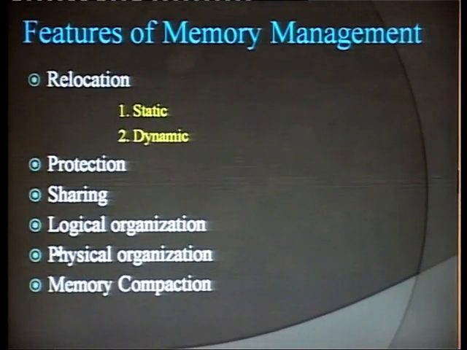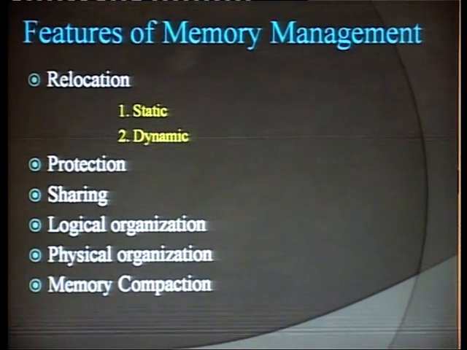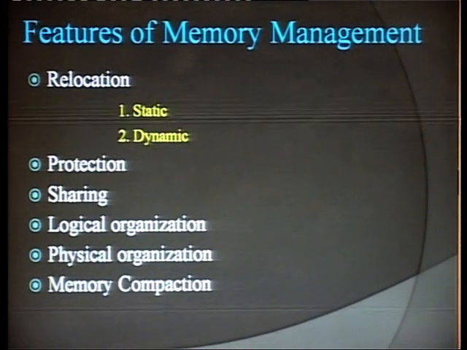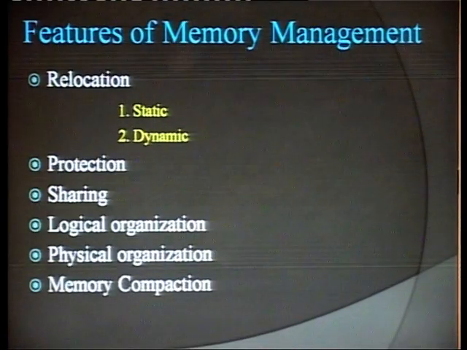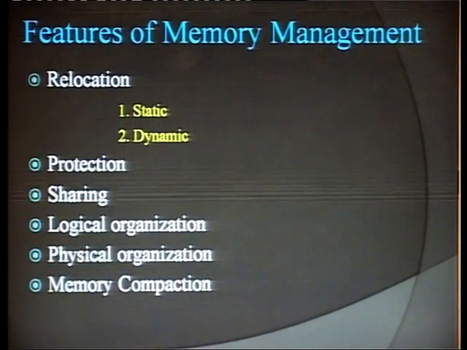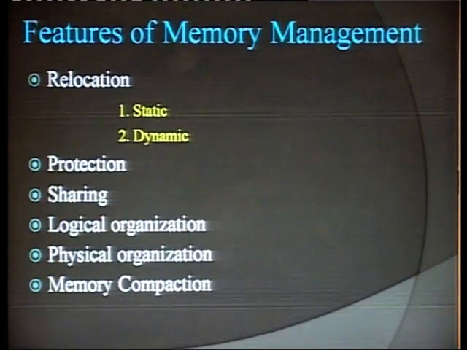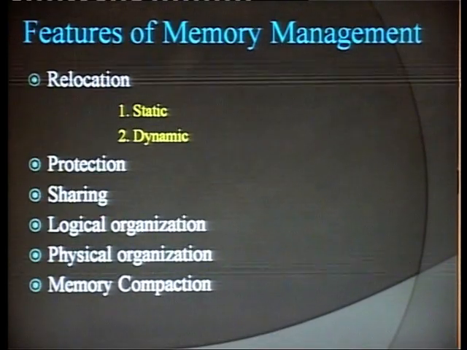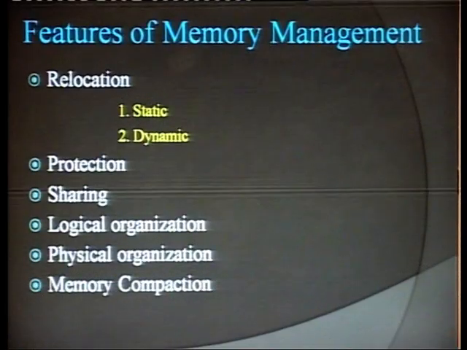Whenever we shift a page from one memory to another, we have a number of bits for protection, like the valid or invalid bit. Sharing: we can share a single page among a number of processes. Then there are logical organization, physical organization in main memory, and memory compaction. Memory compaction is used whenever we have limited memory.